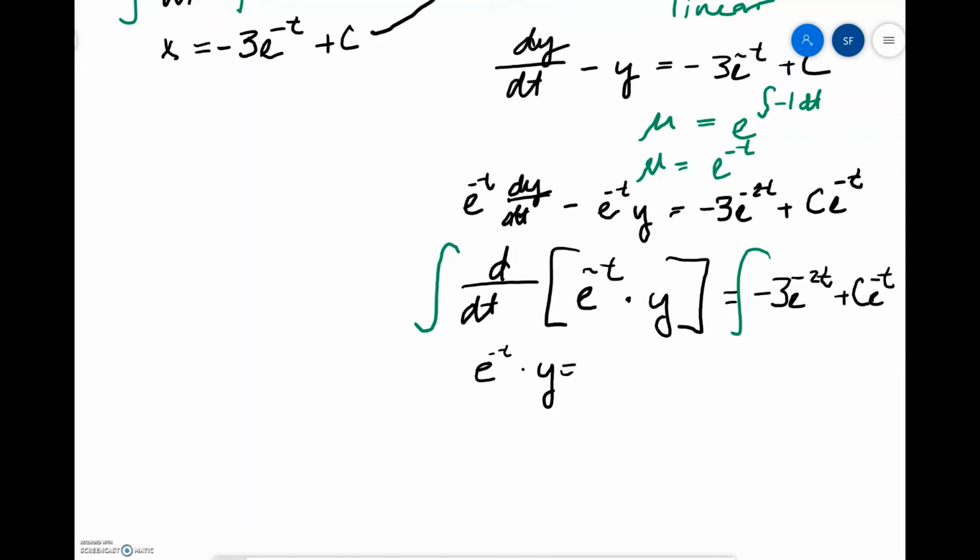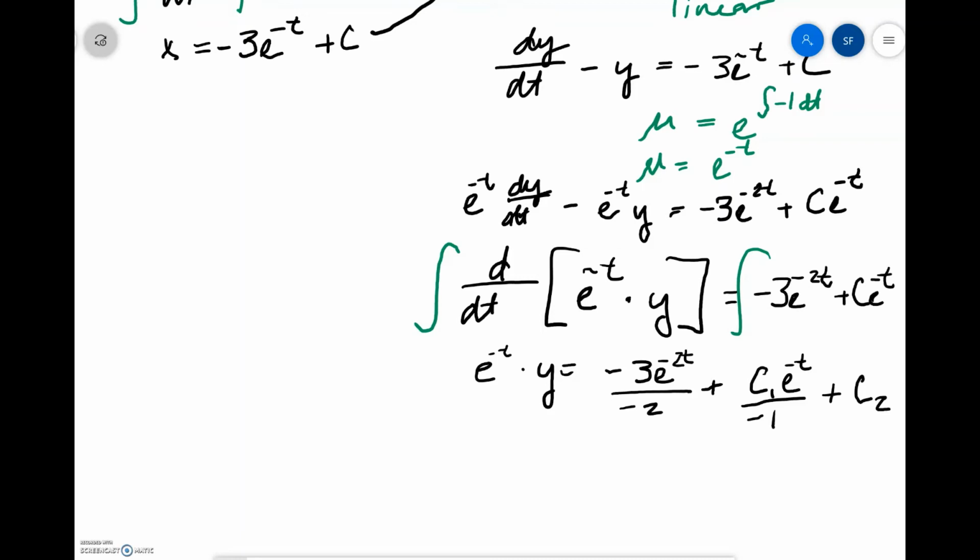negative 3e to the negative 2t divided by negative 2, plus c e to the negative t divided by negative 1. I'm going to make this a c1, because I get another integration constant in just a moment. And then I've got a second integration constant now, which makes sense.